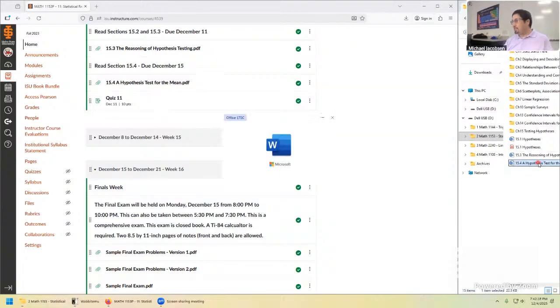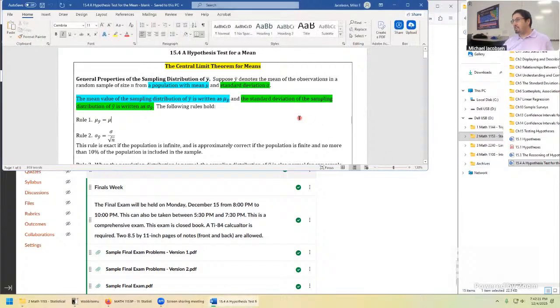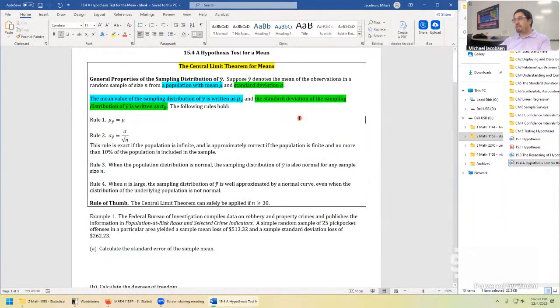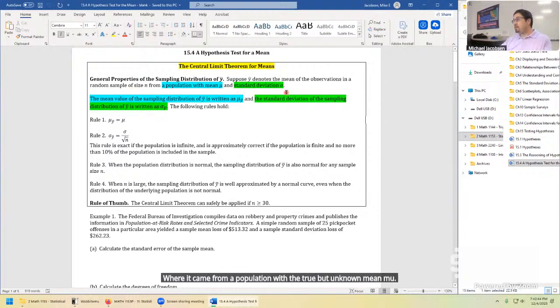Like any section on statistical inference, it has the central limit theorem because this is what controls everything. All of our methods, whether it's a confidence interval or a hypothesis test, come right out of the central limit theorem. And this one's just the statement for means. If you let y bar be the mean of a sample of size n, where it came from a population with the true but unknown mean mu and true but unknown standard deviation, then the sampling distribution turns out to have a normal distribution shape.